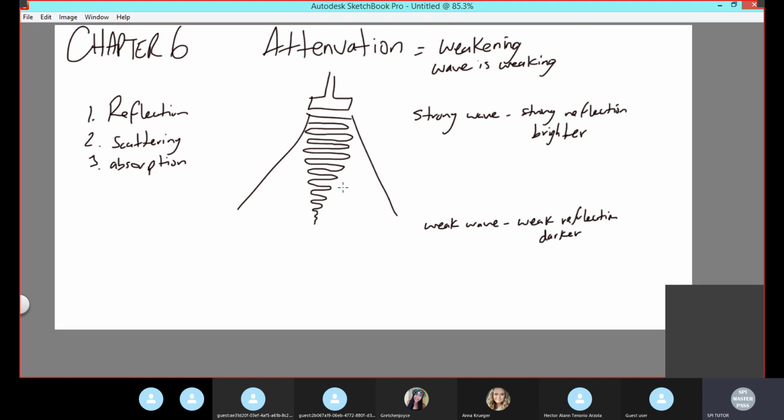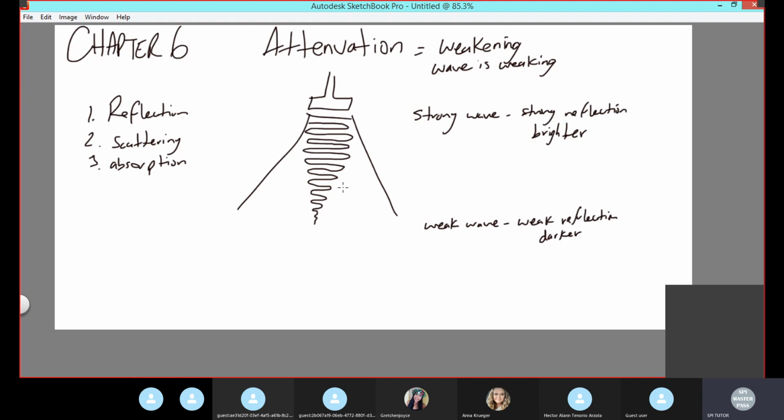It's because it's the same wave, but it's a different strength of the wave seeing it. So the superficial part, it's a strong wave. The deep part is the same wave, but it's the weaker version of it.